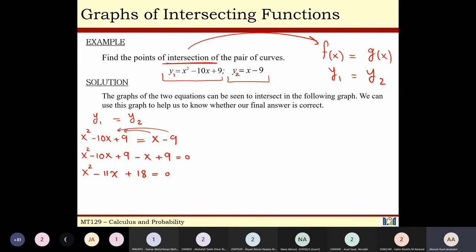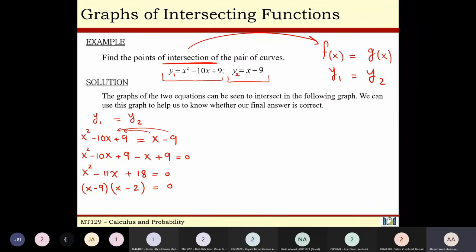Okay, give me two numbers whose product is positive 18 and whose sum is negative 11. Negative 9 and negative 2.